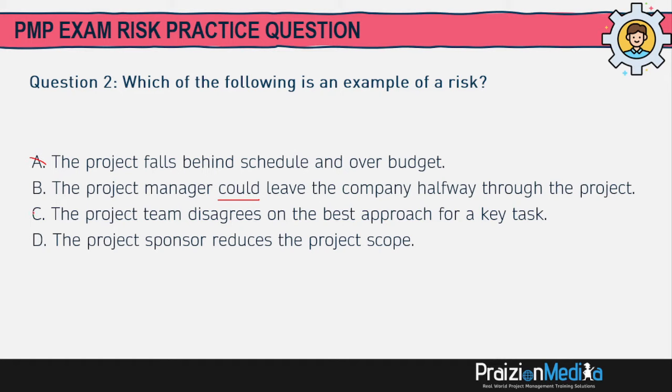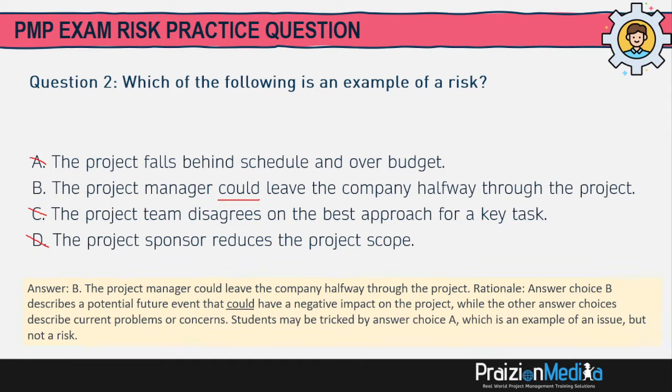So let's take a look at C. The project team disagrees on the best approach for a key task. That's happening right now. And D, the project sponsor reduces the project scope. It's something that has happened, so it's not a risk. A risk is uncertain. And that's why the best answer in this case is B. The project manager could leave the company halfway through the project.